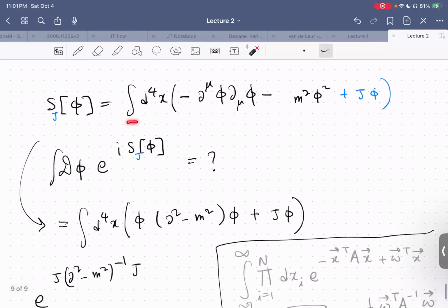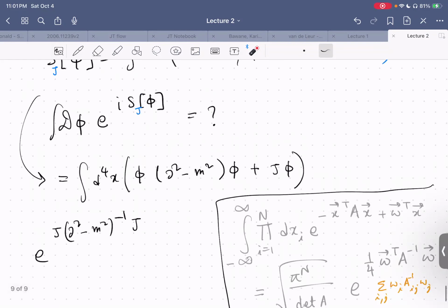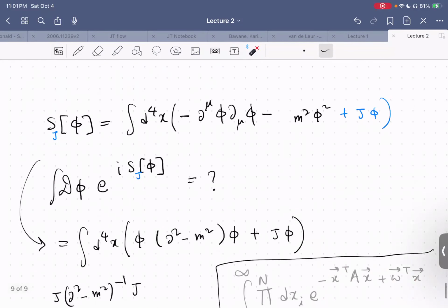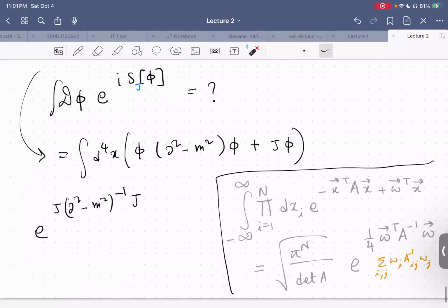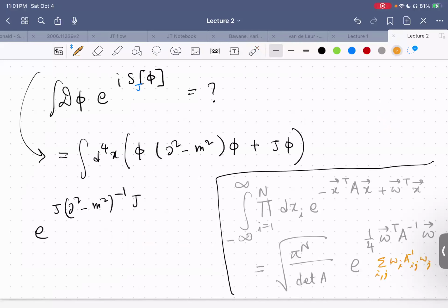Here you only have one integration. That may seem like a difference, but if A is diagonal, then this is also a single summation. So we should think of this single integration as something coming from a diagonal operator. So this operator is kind of like a diagonal operator. At the end of the day, this may be a diagonal operator or not. At the moment, we do not know.